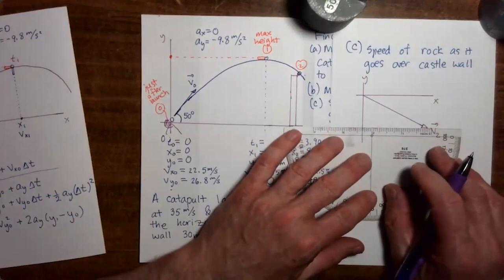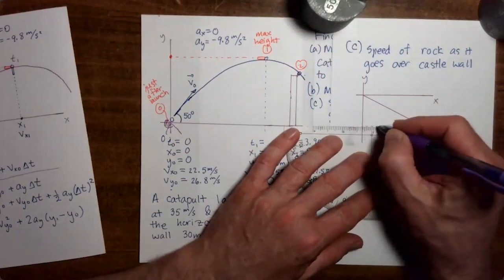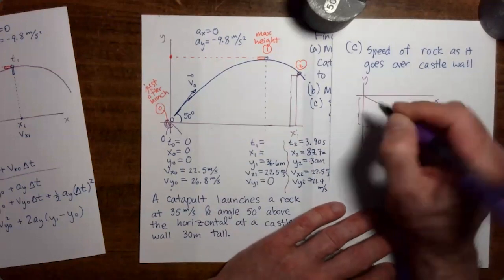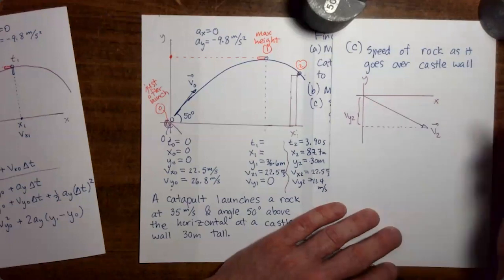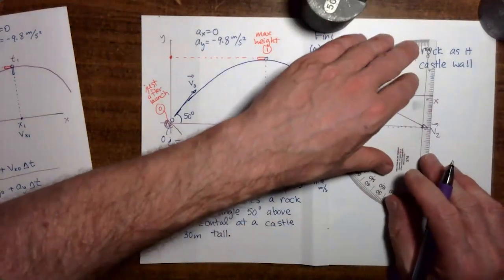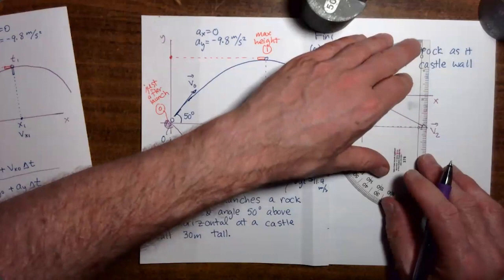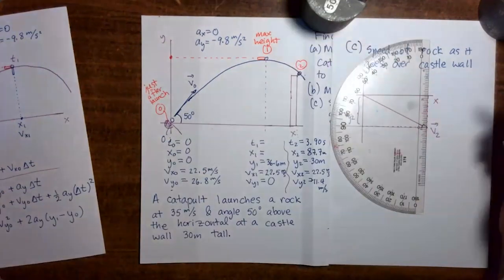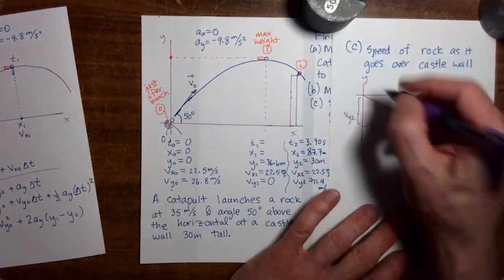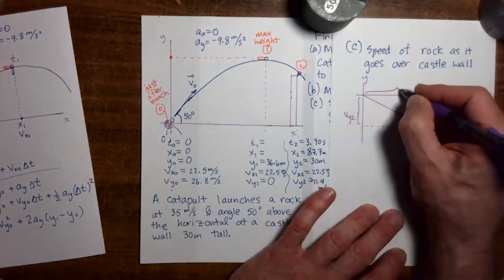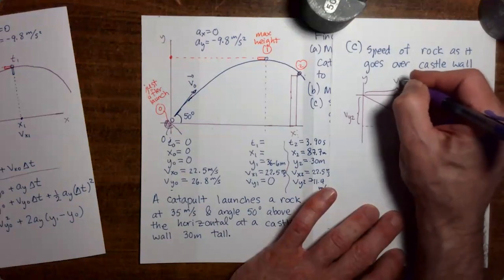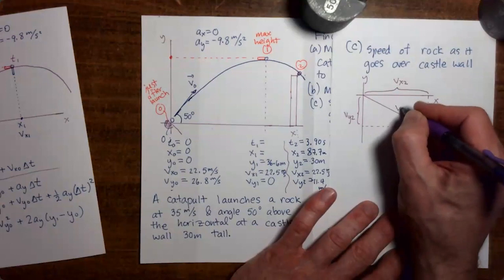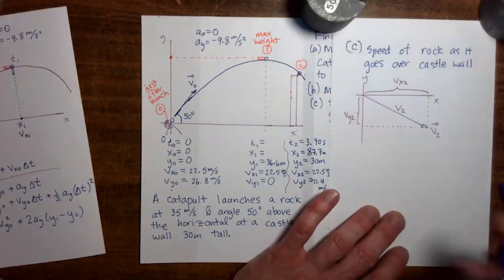Now let's put in the components. This would be our vy2 here. This would be our vx2 here. The magnitude of the velocity vector is the same as the speed.